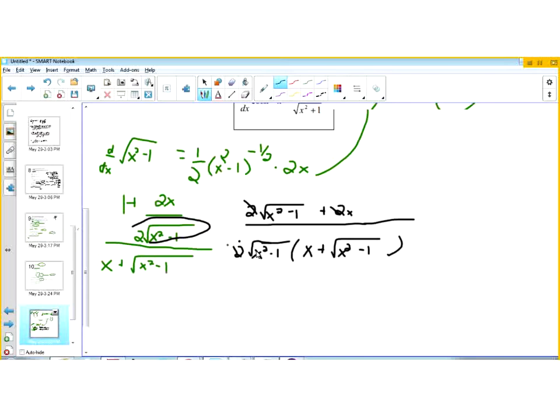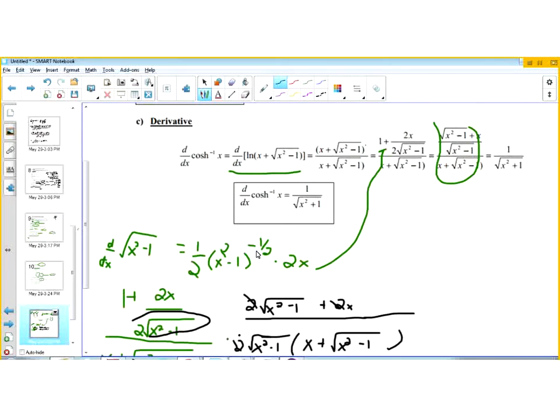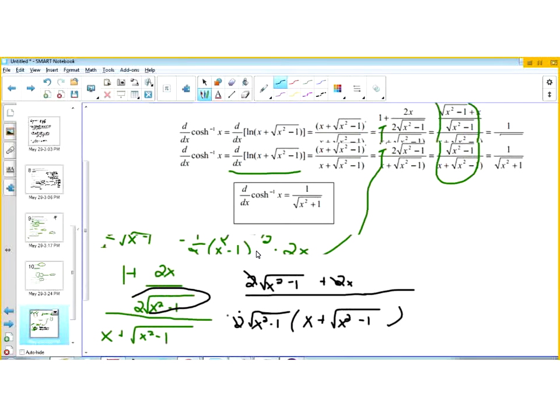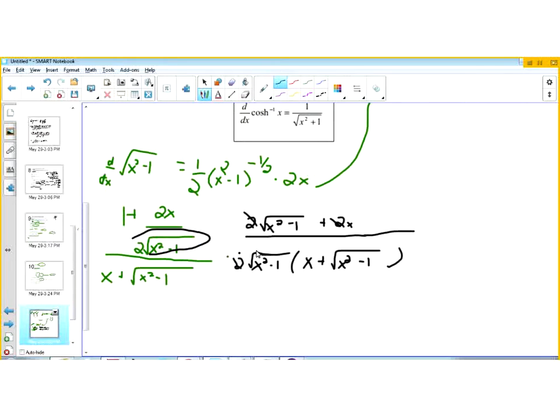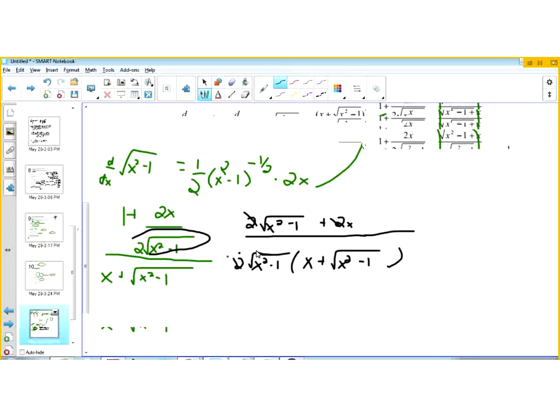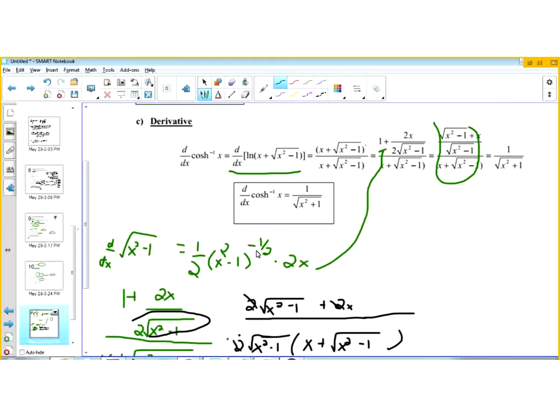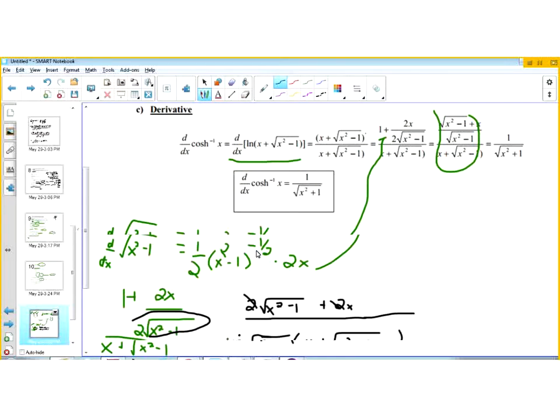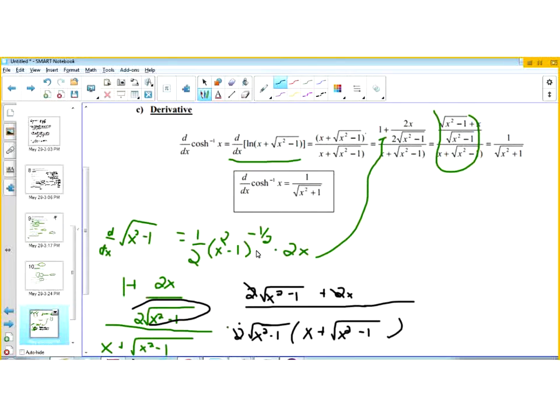And let's see what else we get. Did I miss a term? It looks like I may have missed something here. I'm checking here. Yeah, so I think that's good.